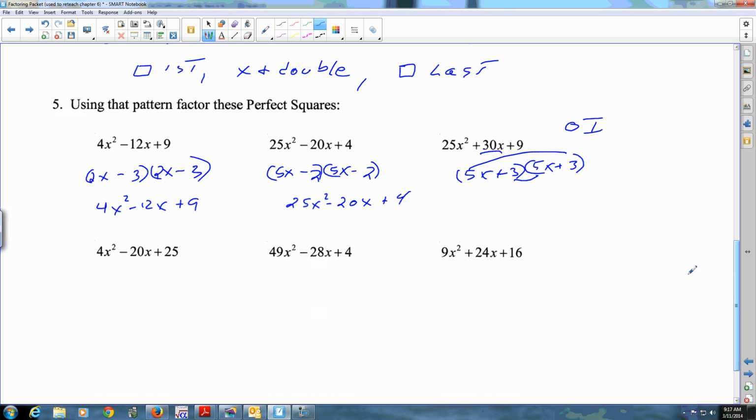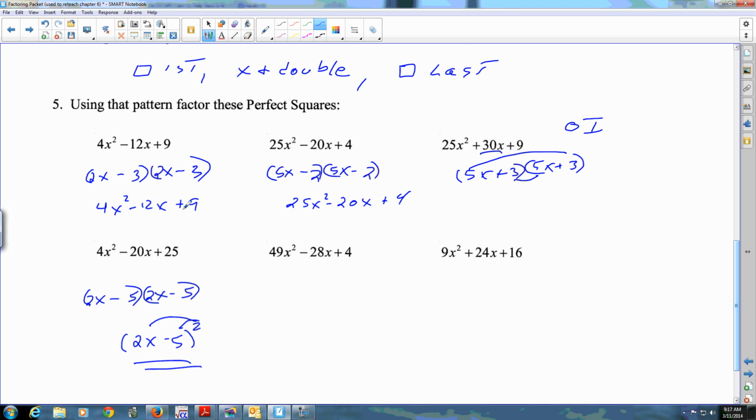Okay? So to do it, you've got to square root the front, square root the back, minus, minus. So technically, because you have 2 of them, you've got that thing squared. It's a perfect square. Remember, you cannot distribute this in because you're adding or subtracting. You cannot do that.